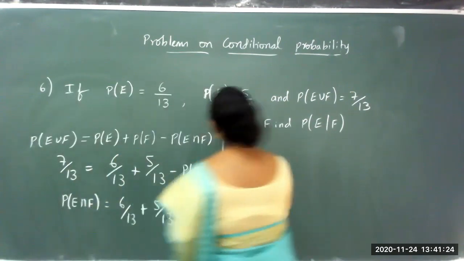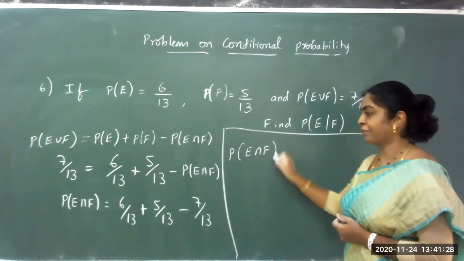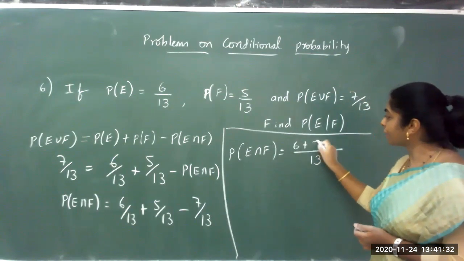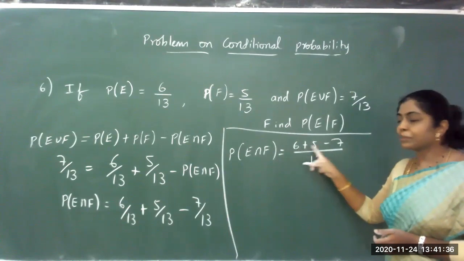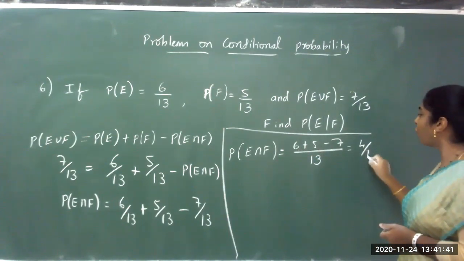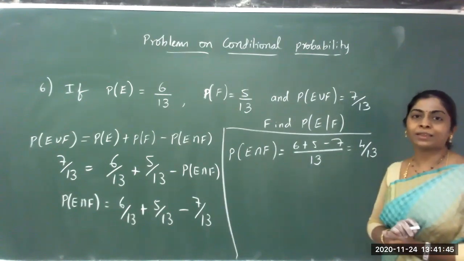Taking the common denominator, 6 plus 5 minus 7: 6 plus 5 gives 11, and 11 minus 7 is 4. So it is 4 by 13.